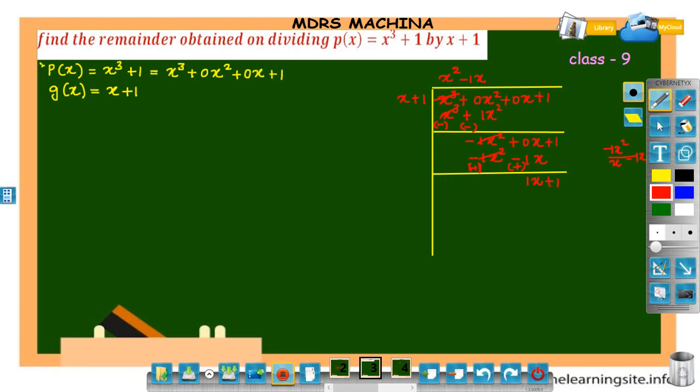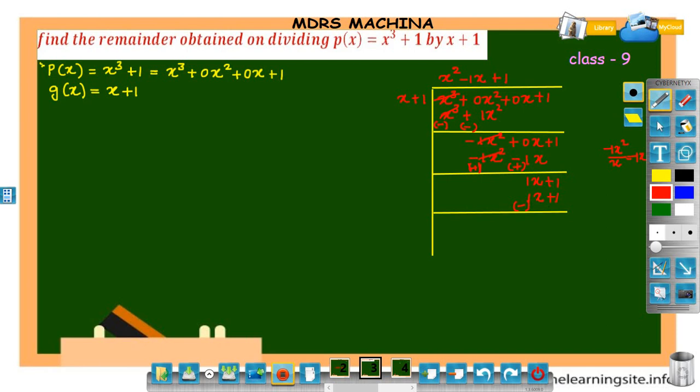Now again, divide the first term by the first term. 1x divided by x is 1. Now multiply the quotient with the divisor. 1 into x is 1x, plus 1 into 1 is plus 1. Again you have to subtract. Remember, while subtracting, you have to change the sign.